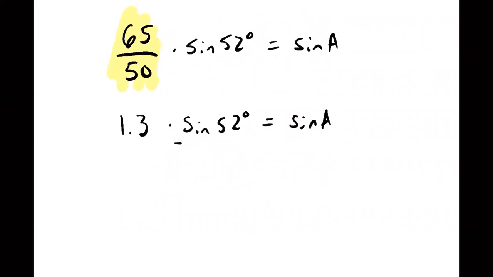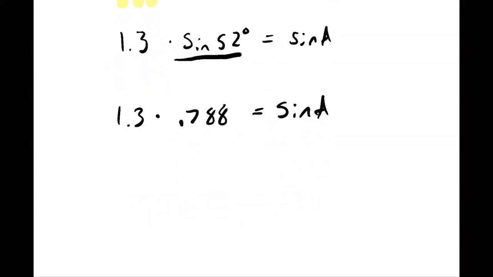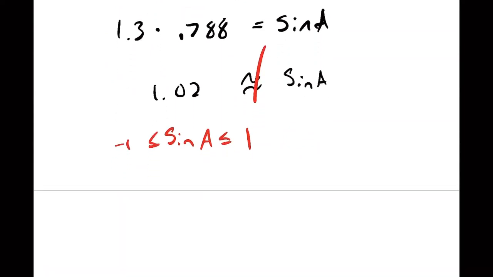Plugging this into our calculator, we get 1.3 times 0.788, and this is sine of A. This is about equal to 1.02 for sine of A. Remember that the sine of A always ranges between -1 and 1. So these can't be equivalent, and this says that we have no solution.